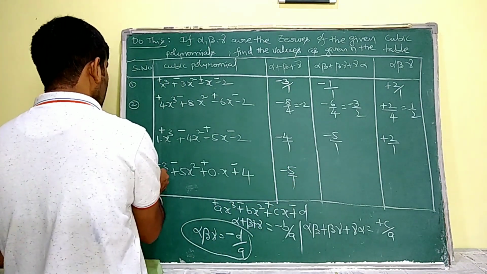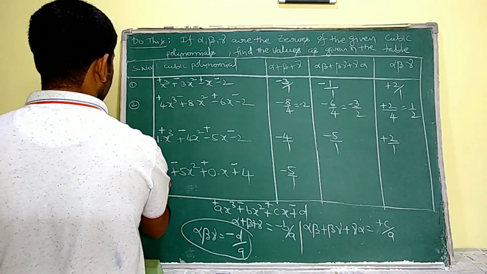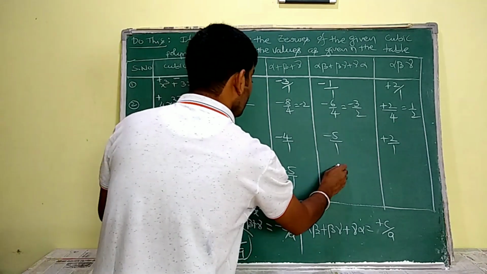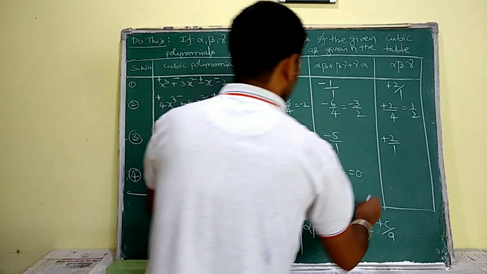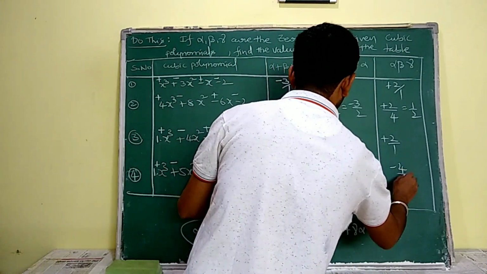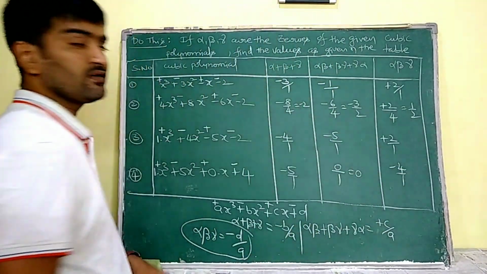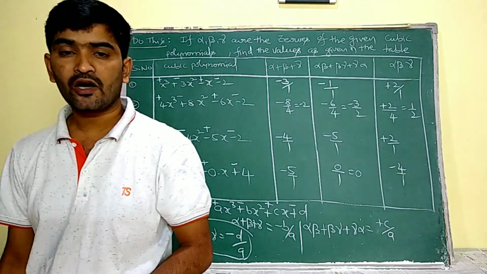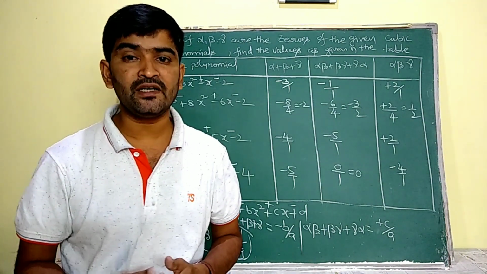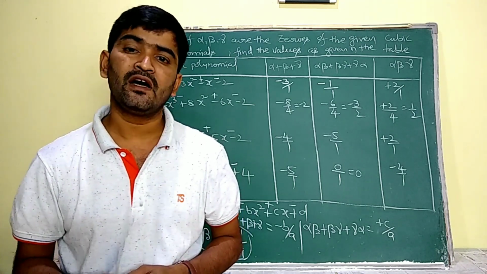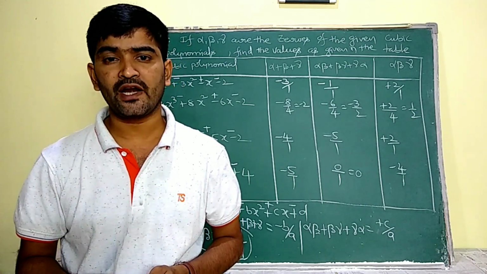Because 1 is here. Next plus 0 by 1, that is equal to 0. Now plus minus into plus minus 4 by 1. In this way we are going to fill the table. In the next video we are going to discuss the examples and exercise 3.3 of the polynomial chapter. Keep watching.